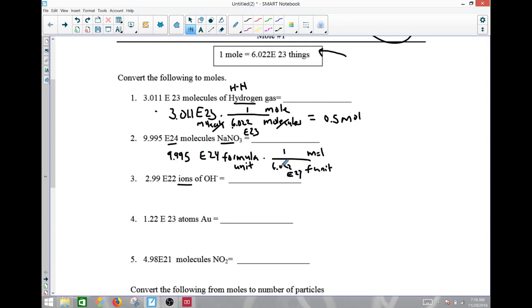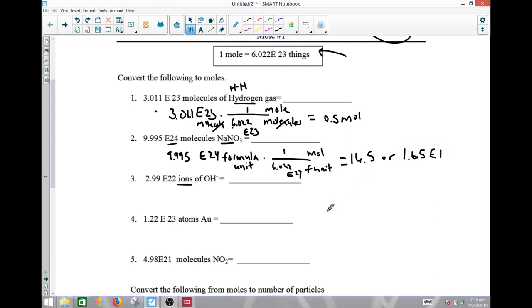We divide these two numbers, so 10 divided by 6 is a number a little bit bigger than 1, and then subtract off the 24 from 23, that's 1, and I'm going to get an answer here, which is 16.5, or it would be 1.65 e to the first.